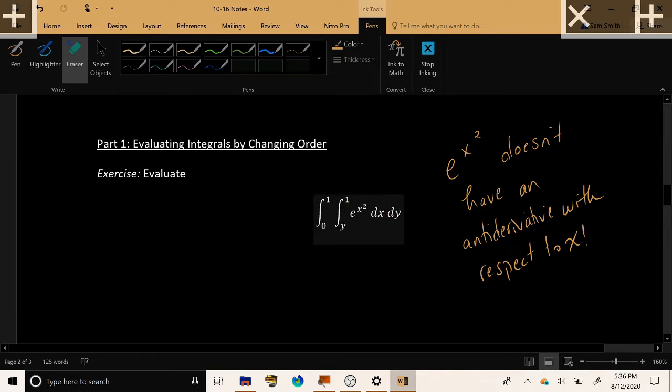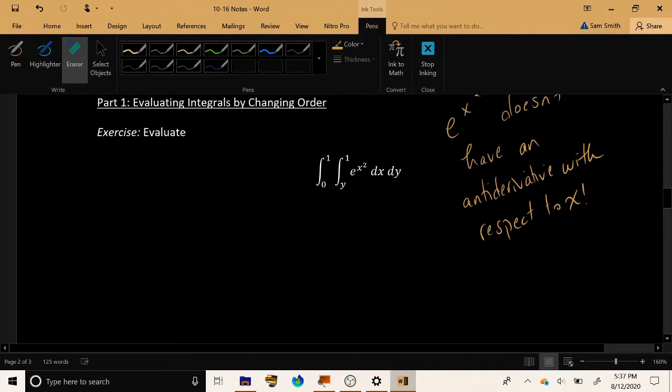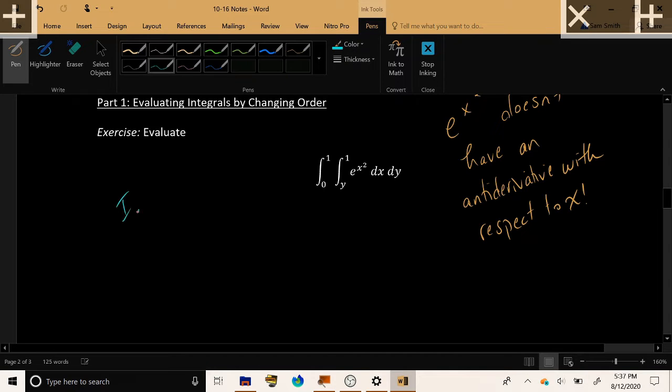So one idea in situations like this, where you are immediately just blocked and you cannot calculate this first antiderivative, is to try and see if you will be a little bit more lucky if you change the order of integration from dx dy to dy dx. And that's our idea.